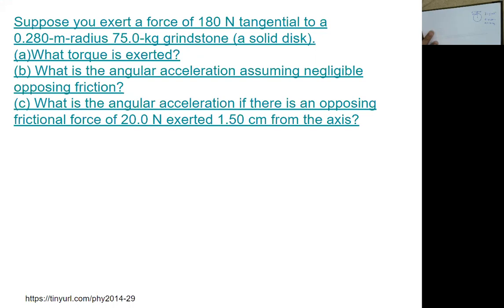So this is R. It's asking what's the torque exerted and what's the angular acceleration, assuming negligible opposing friction. So this is the only force you will be considering. What's the angular acceleration if there's an opposing frictional force? I'll give you guys a couple of minutes to see if you can solve this one, and then we can take a look at the solution together in a few minutes here.